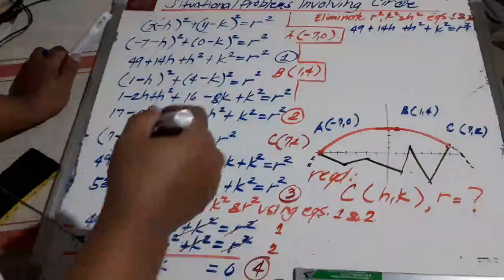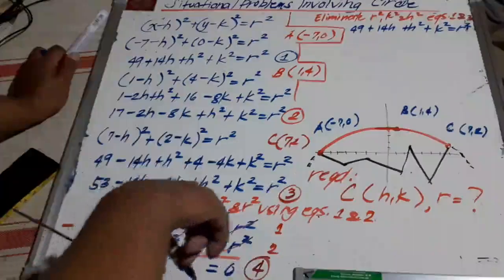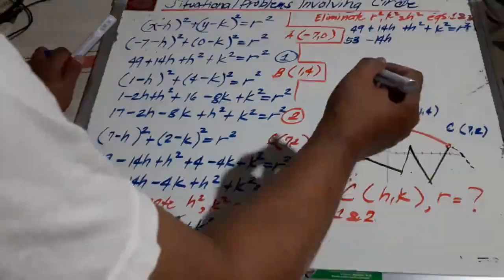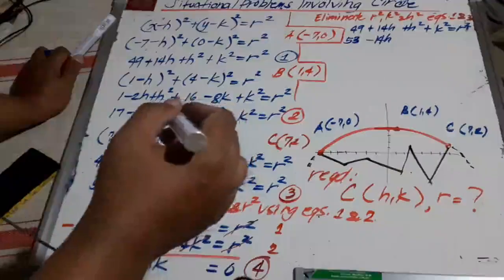And then equation 3 is 53 minus 14h minus 4k plus h squared plus k squared equals r squared. Now, again, we subtract.